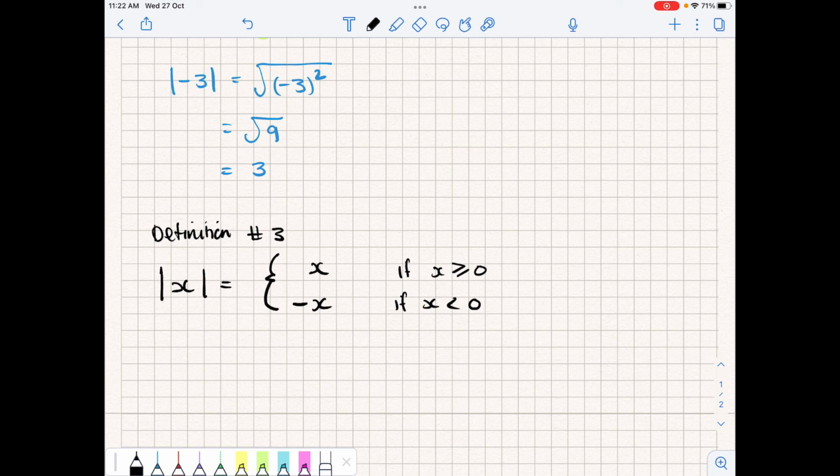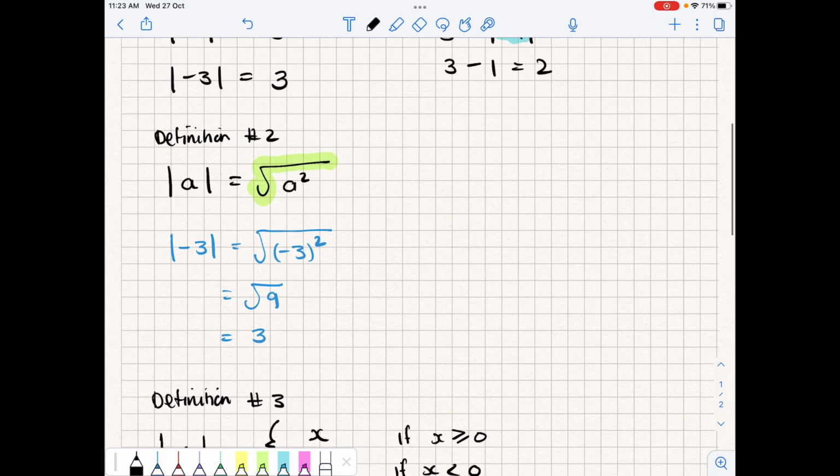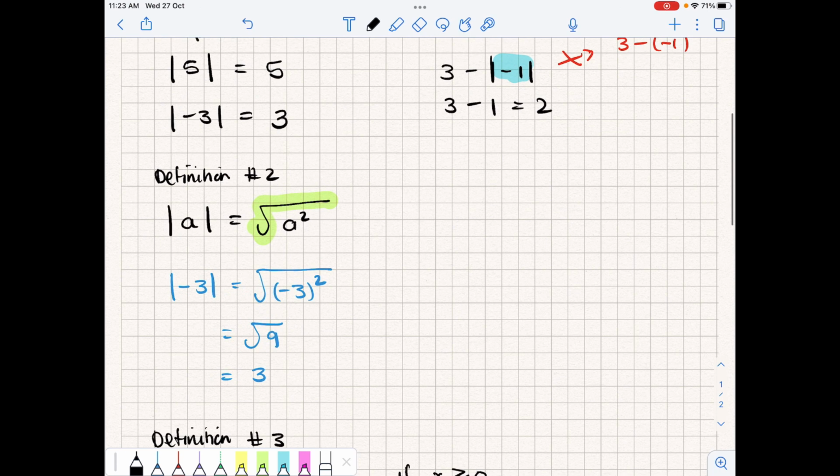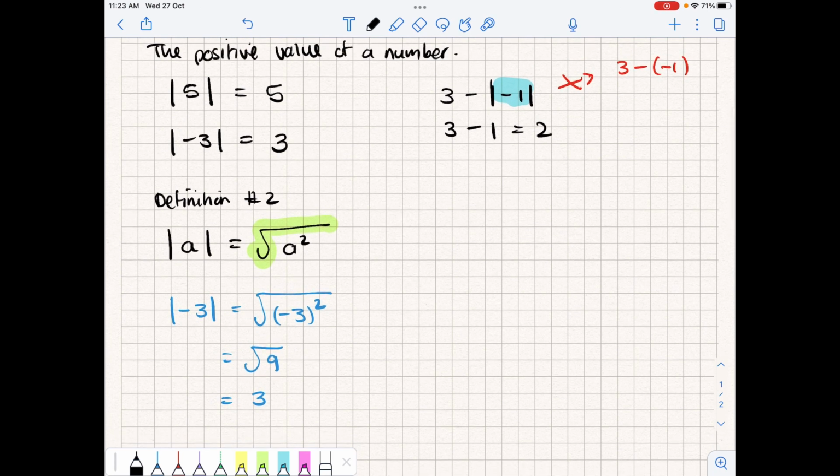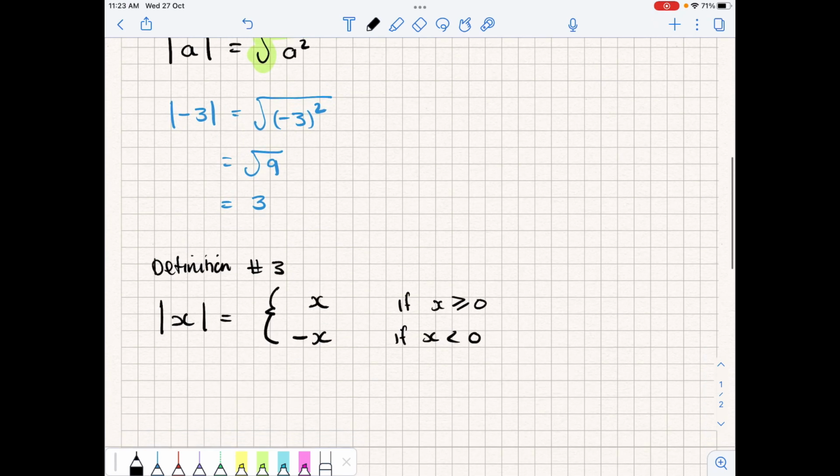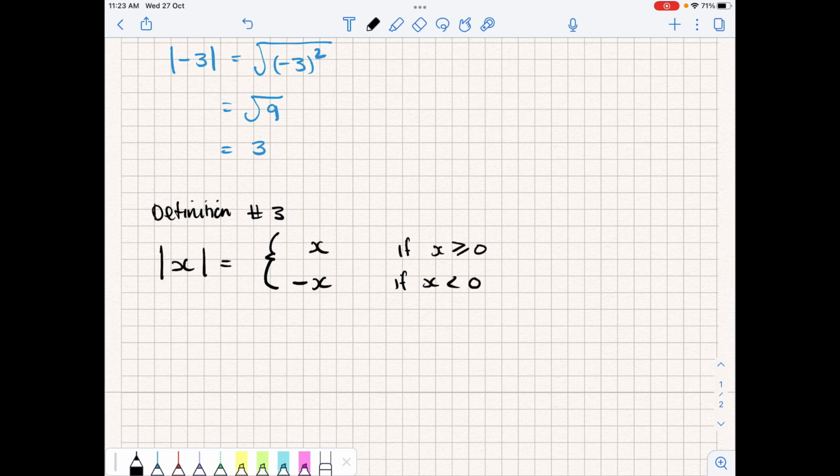Now, when we are actually given values, real numbers to work with, then absolute value is quite simple. We can look at the number and we can immediately see what the absolute value of the number is. If we are given a variable, like x for instance, we have to consider both scenarios.